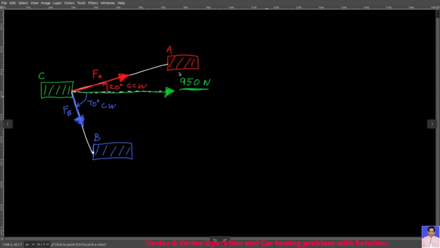When cars A and B apply their respective forces, Fa and Fb, to car C, then Fa and Fb are vector magnitudes, and we need to find them. And then the direction of Fa is 20 degrees counterclockwise, and the direction of Fb is 70 degrees clockwise. So let's now try to find the correct required forces Fa and Fb. Let's do that in the next video.